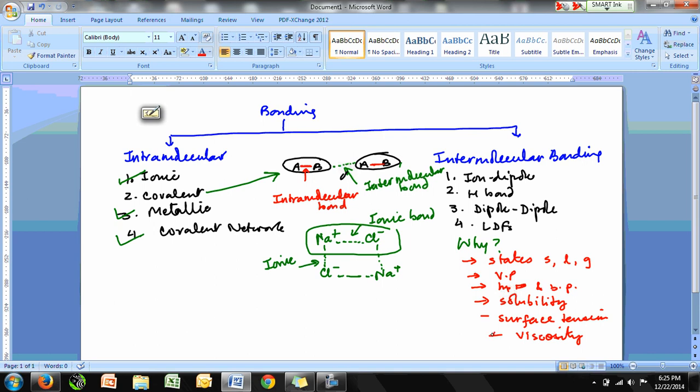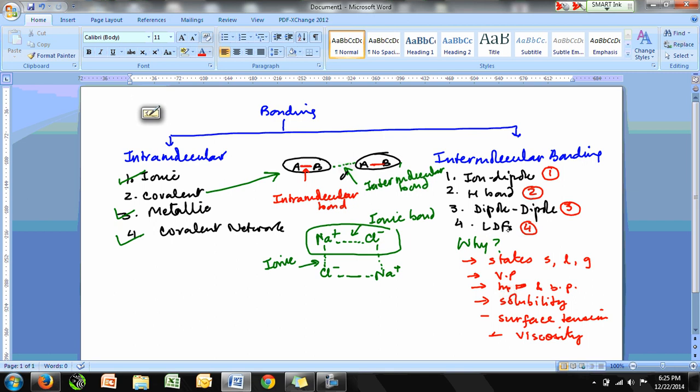So what are these intermolecular bonds and what is their strength like? In intermolecular bonds, ion dipole is the strongest, followed by hydrogen bond, followed by dipole-dipole, followed by London dispersion forces. However, guys, you have to keep in mind, on a case by case basis, sometimes LDFs might end up being stronger than a dipole-dipole attraction.